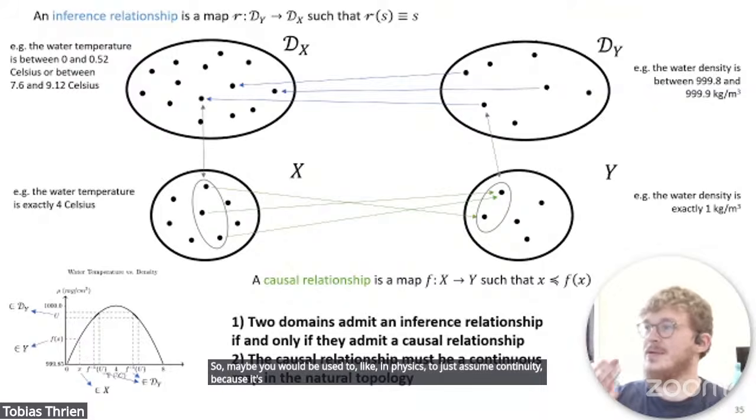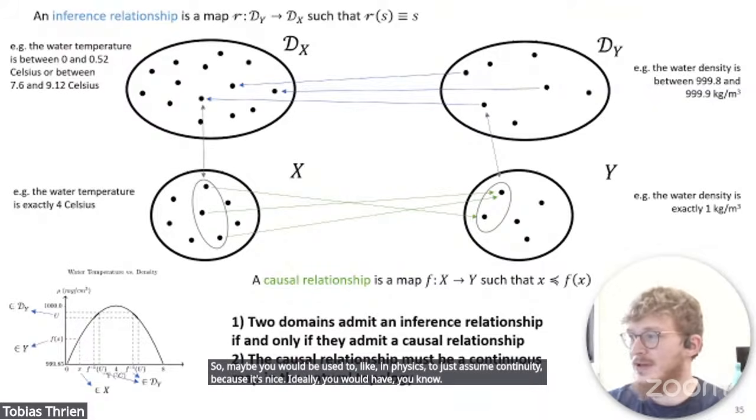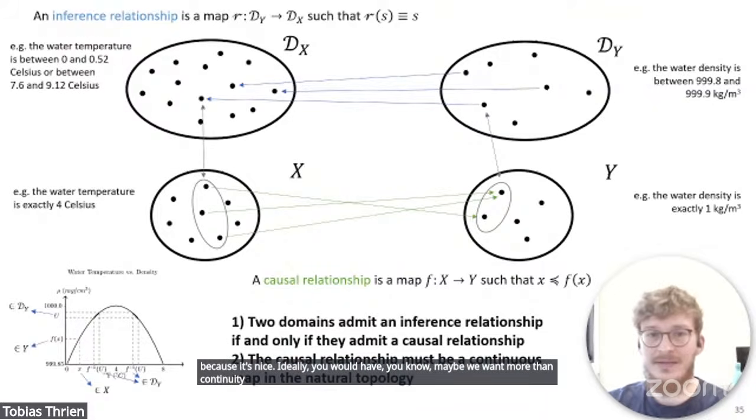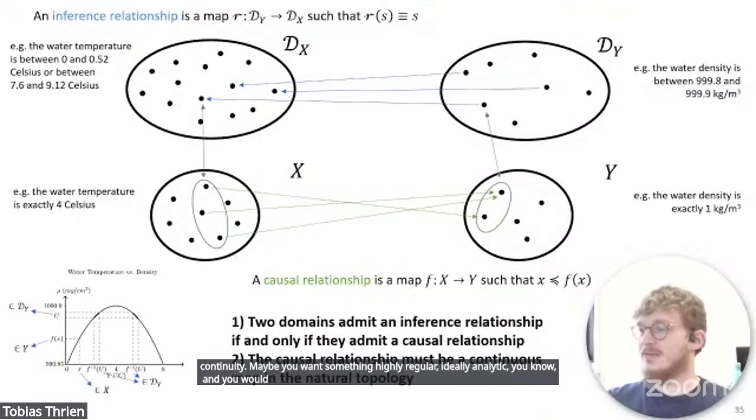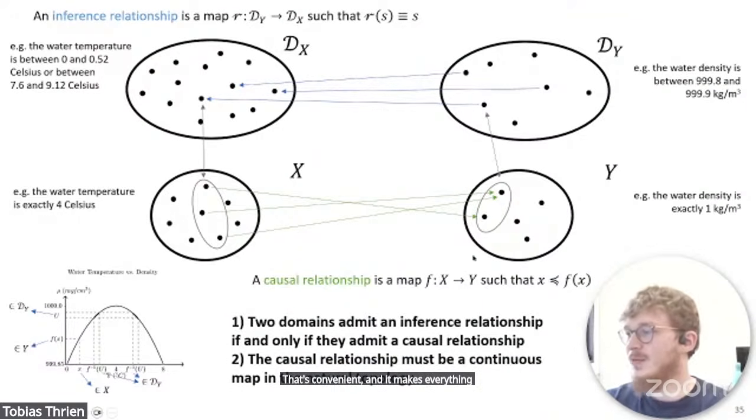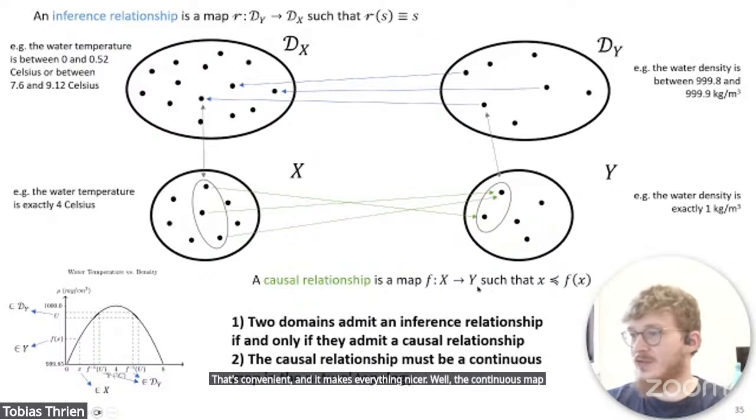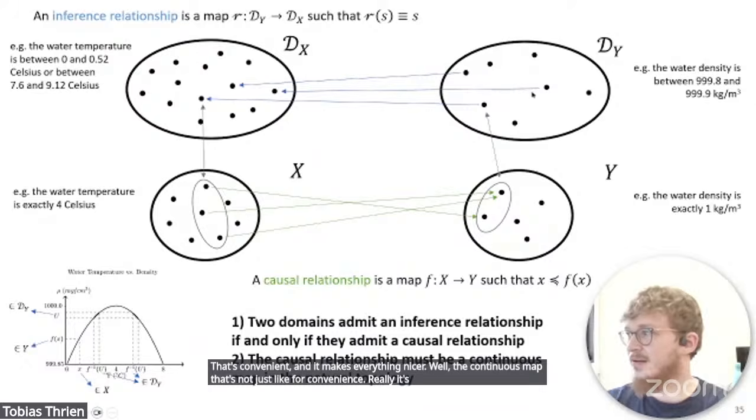Ideally, maybe we want more than continuity. Maybe I want something highly regular, ideally analytic, and you would just assume that because it's convenient and it makes everything nicer. Well, the continuous map is not just for convenience. Really, it's about connecting verifiable statements in this way.